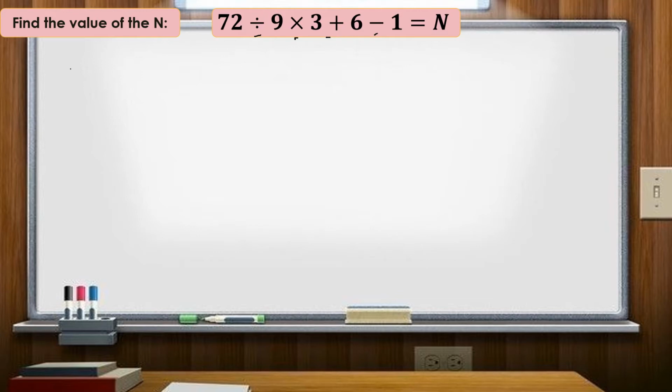So in this scenario, I will write it again: 72 divided by 9 times 3 plus 6 minus 1 equals n. Here is a common tip from Teacher Mark: enclose it with parentheses so that you know which numbers you are working on. 72 divided by 9 is 8, because 8 times 9 equals 72.